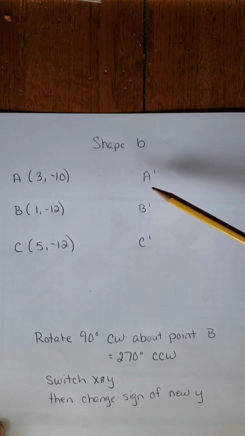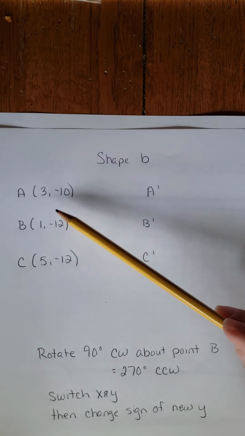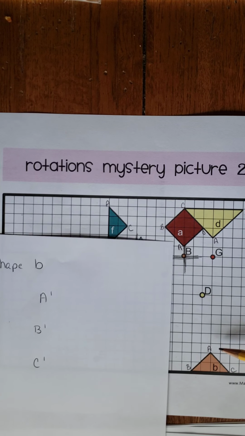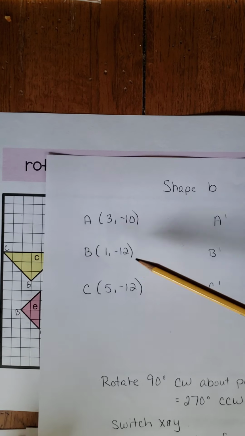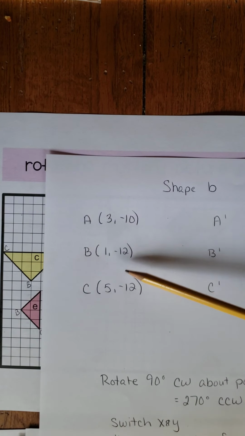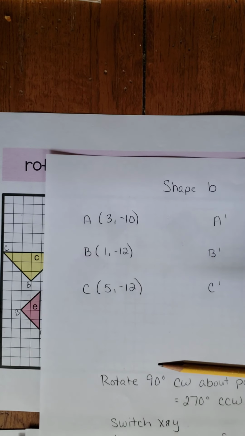So for this one, A is at 3, -10. B is at 1, -12. C is 5, -12. So what do we do?